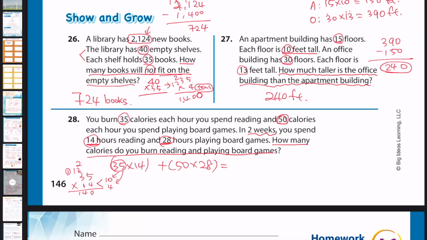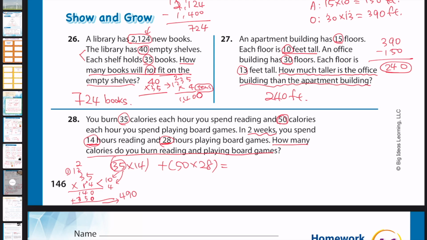And then for the 10's digit, you need to add a 0 for the second row. And then you need to go what? 1 times 5 is 5. 1 times 3 is what? 3. So you need to add them together. Oh, I don't have space, so I'm going to write it in here. It's going to be 0, 1's place, and then 9, 10's place, and then 4 is the 100's place.